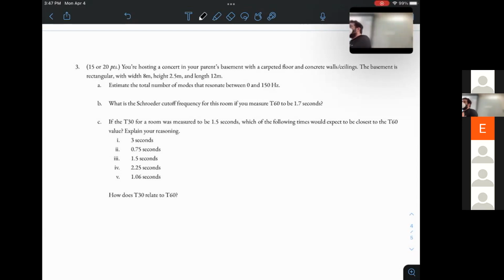In order to excite this room 60 dB above the noise, I'm going to need some special equipment and I might damage my hearing, right? Does that make sense, right? But I can probably excite this room with an impulse that is 30 dB above the noise floor in here, right? That's going to give me a T30 value. But at the outcome, at the end, how do they end up being different?